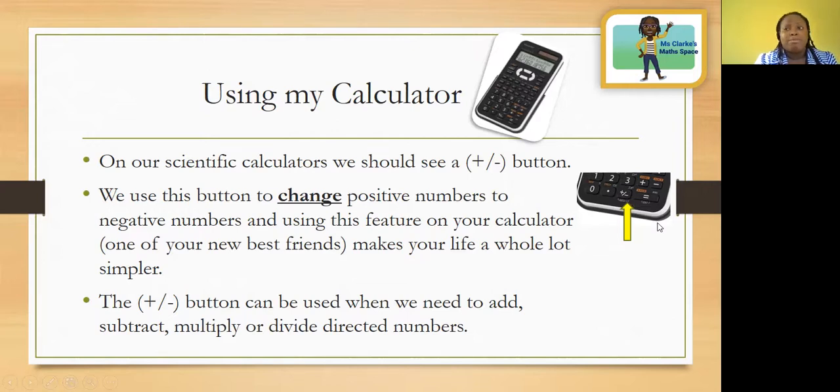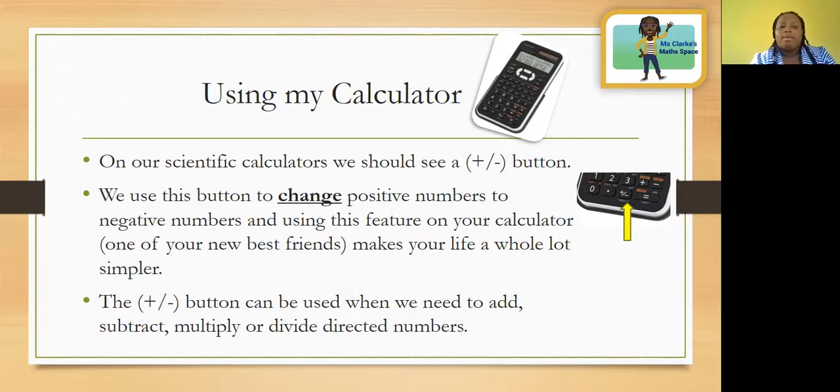On some calculators, it might just be a negative sign only. And this button is really, really important for changing positive numbers to negative numbers and vice versa. You might have a negative number that you now need to change back into a positive number when you're doing calculations. And this calculator is going to be your new best friend in terms of maths. It's going to really help you as time goes along.